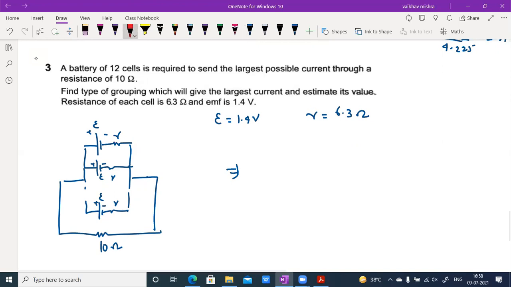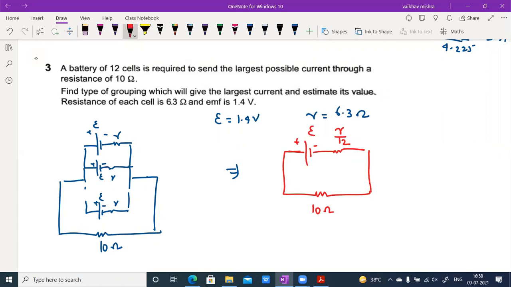सेल्स को पैरेलल में कनेक्ट करने पे EMF is same, so EMF तो same रहेगा, internal resistance हो जाएगा r by 12. इंटरनल रेजिस्टेंस कम हो जाता है, external is 10 ohm. Now find the type of grouping.